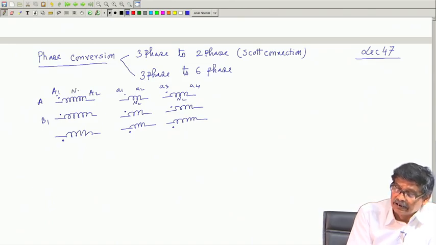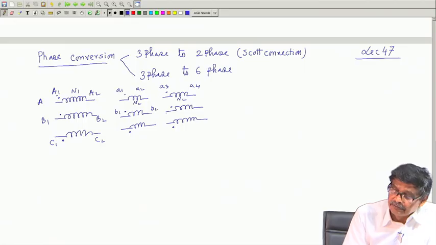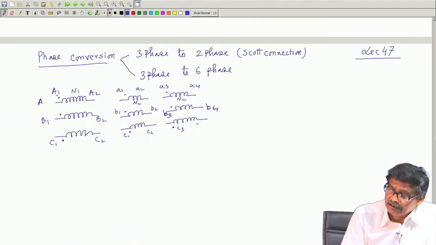These are all N 1 turns, these are N 2 turns. Similarly B 1, B 2, B 3, B 4 and C 1, C 2, C 3, C 4. Clear.